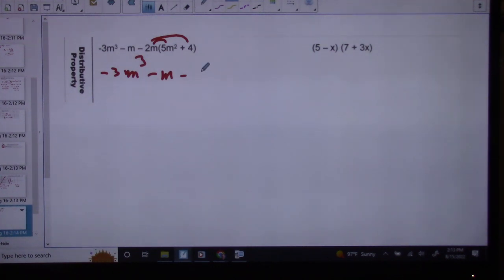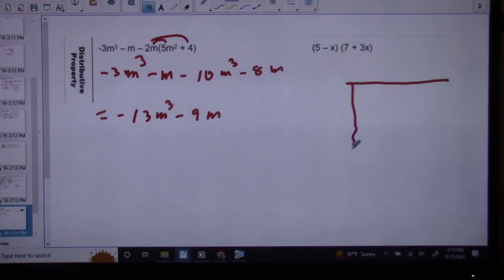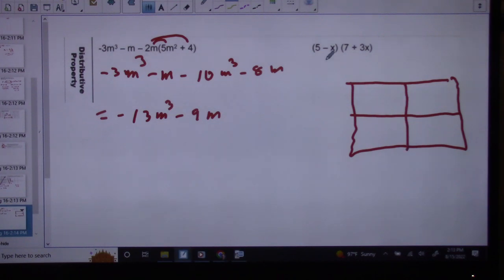So negative 10, right? I wrote 2. 10m cubed minus 8m, is that right? Correct. And so now if we combine the like terms, we're going to get negative 13m cubed, is that right? Yes. And then we're going to have minus 9m, does that look right? Yeah. Okay, and for the last thing, we can do this a number of different ways. But the way we did it last Friday was this.